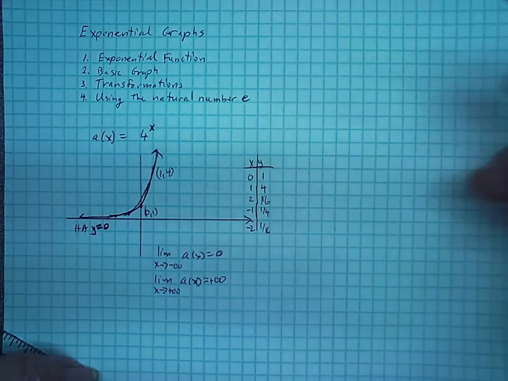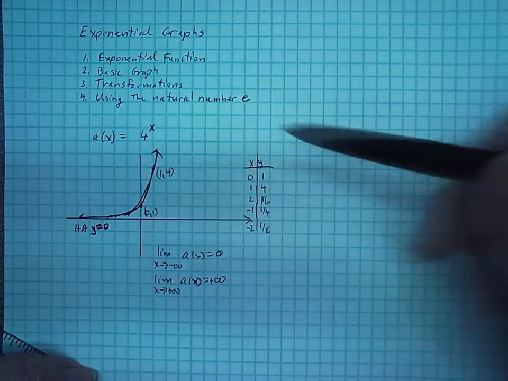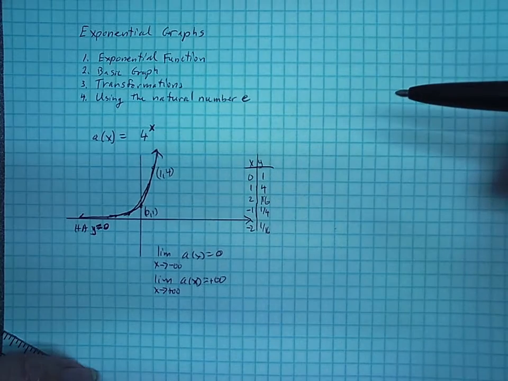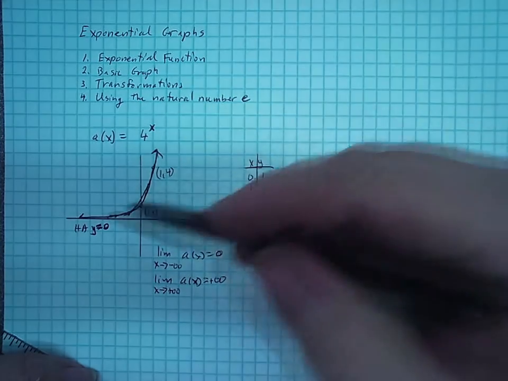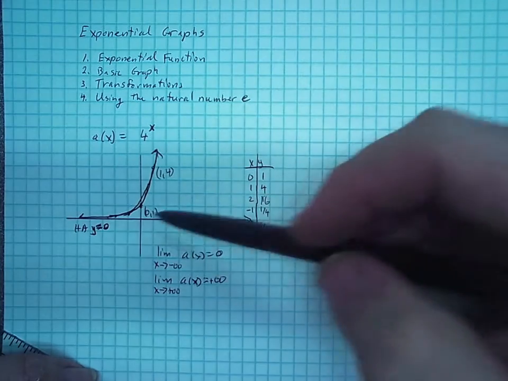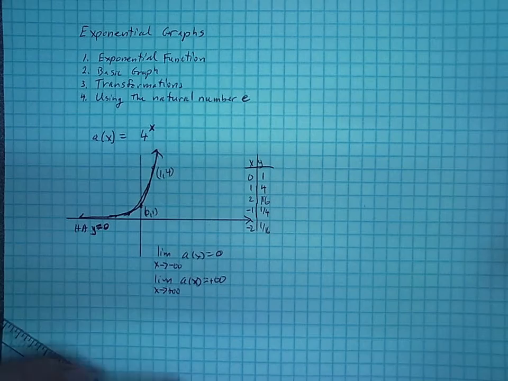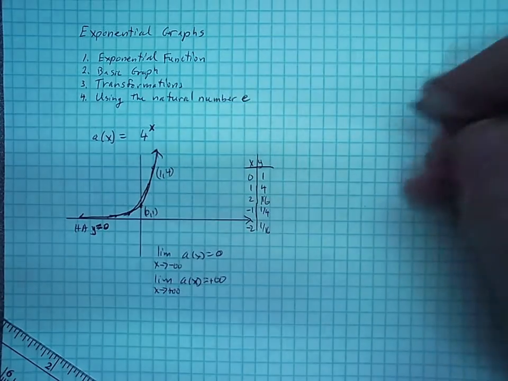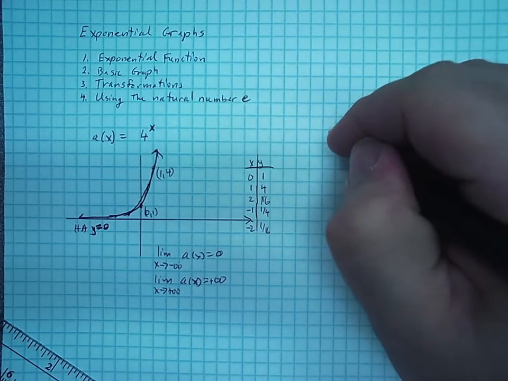So not all exponential functions will go through (0, 1), but the basic ones do. This graph is always increasing. It has no turning points. It has no x-intercepts. It is continuous. You'll be analyzing several of these graphs on your homework.